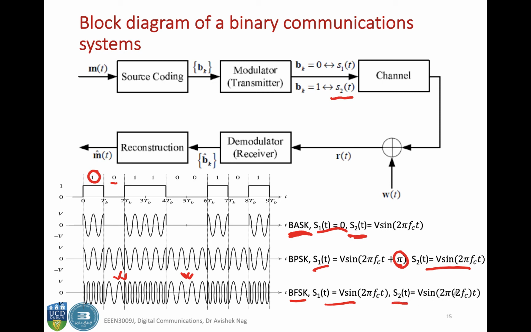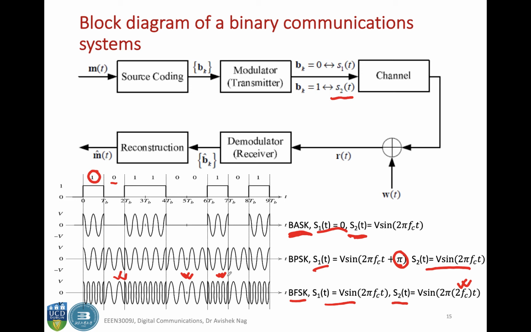So this is V sine 2 pi times twice the frequency, 2fc, times t. So we are sending a high frequency signal when we have a 1. Basically the concept is that whenever we have a 0 we are sending one signal, and whenever we have a 1 we are sending another signal. So this is the scenario for a binary communication system.